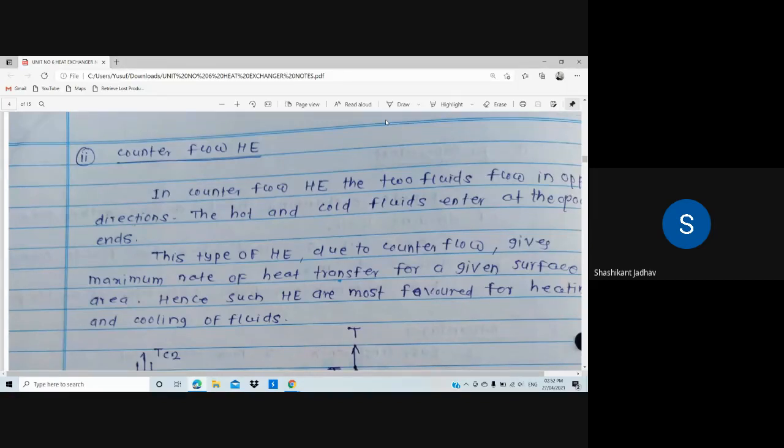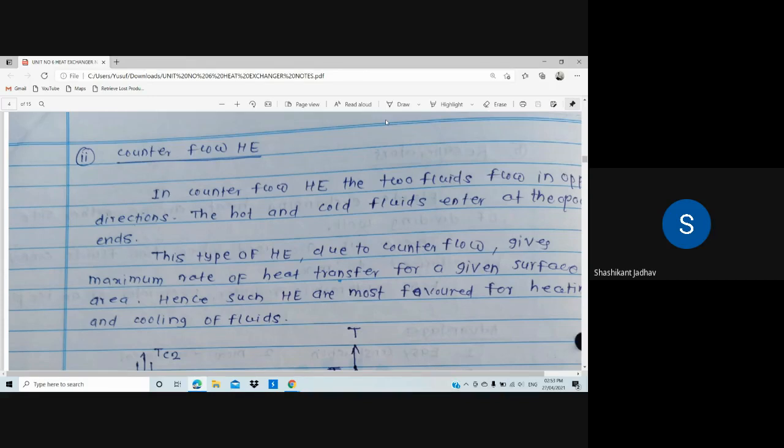So write down, in counter flow heat exchanger, the two fluids flow in opposite directions.